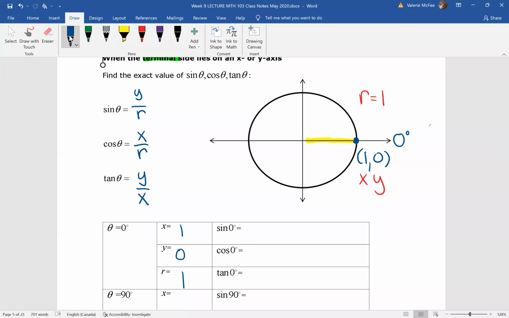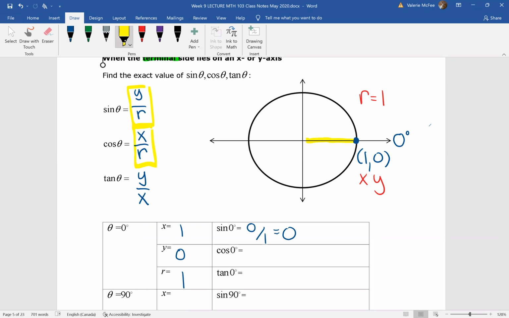So when I'm asking for the sine of 0 degrees, I'm asking you to use this ratio, the sine of 0 degrees is Y over R. Y is 0, R is 1, it equals 0. What about the cosine of 0 degrees?